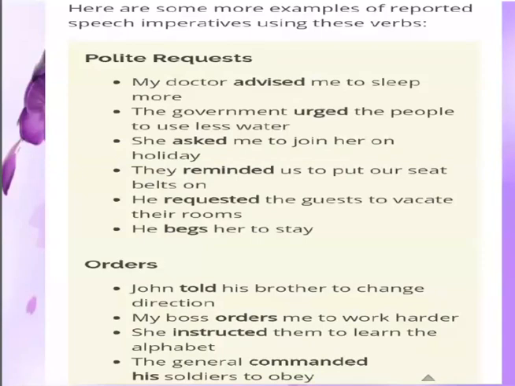So whenever you're changing an imperative sentence to indirect speech, you need to ask yourself whether the sentence is a request or an order. When you give an order, you have a commanding tone in your voice. So you ask if it is an order or a request, and then you can use any of these verbs as your reporting verb.